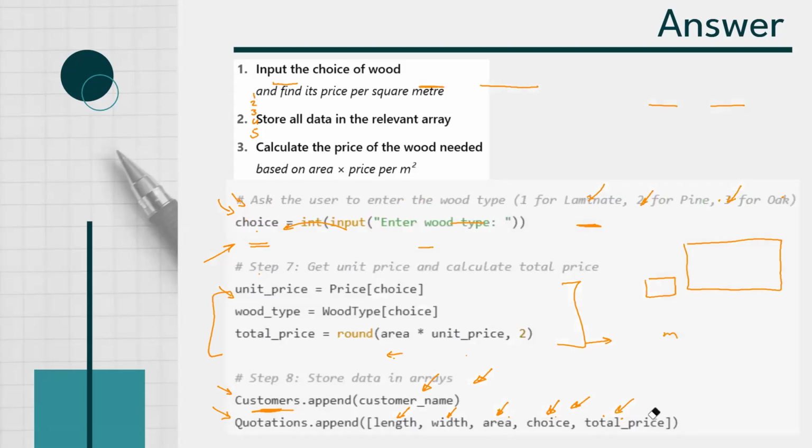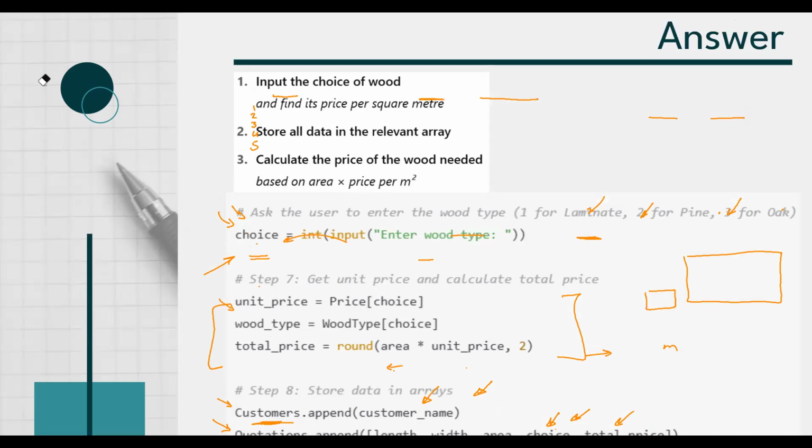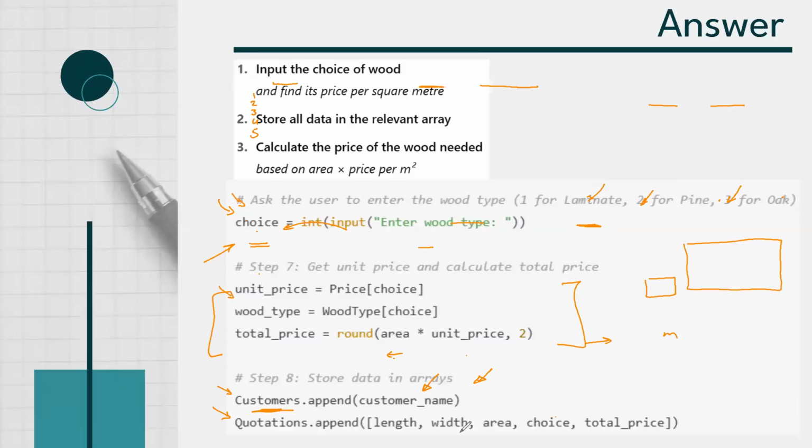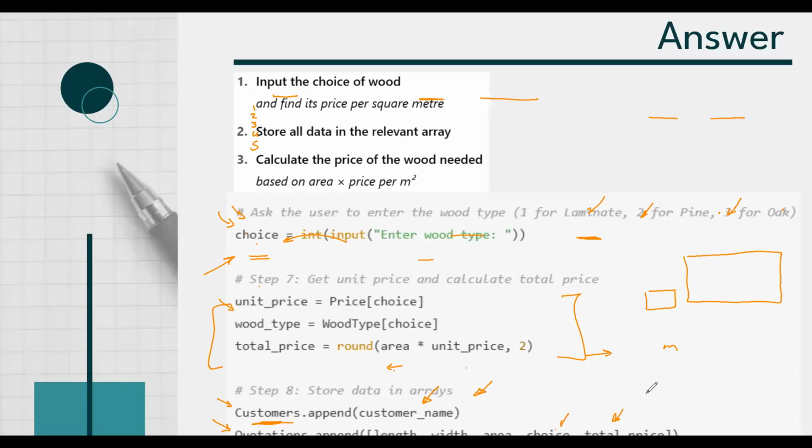You see the quotation here, we have a length, width, area, choice, and the total price. That is how we are entering the array, appending all this data to the quotations. I will explain the remaining print output in the next video. Wait for me.